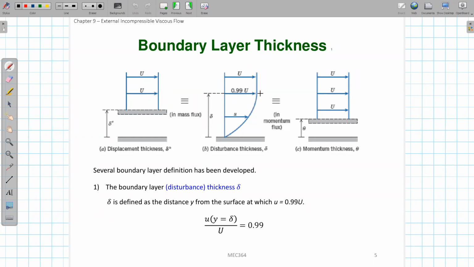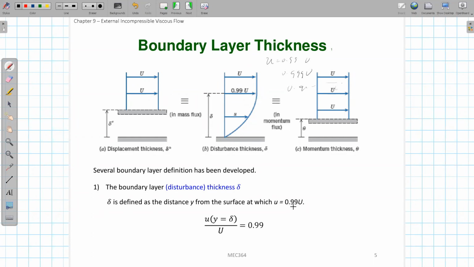You cannot find exactly at which location small u will equal big U, because you can always find that u equals 0.99 U, 0.999 U, 0.99999 U, depending on your accuracy. You need to make a decision on which point is acceptable. So usually people use this 99% law.